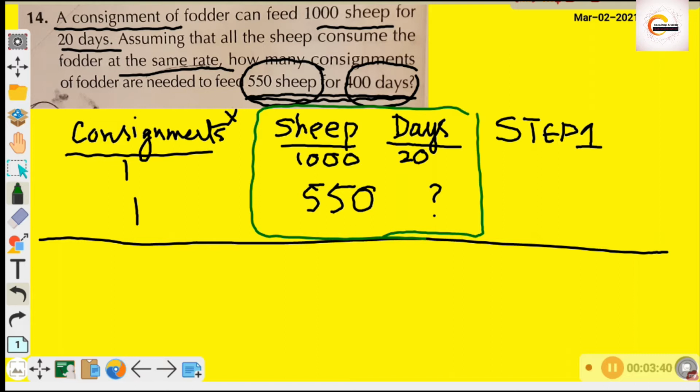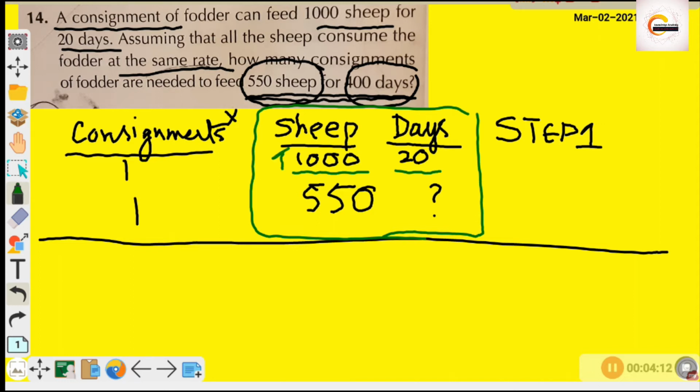So here, comparatively, if we have more sheep, they will consume a limited food or a consignment of fodder in less days, right?